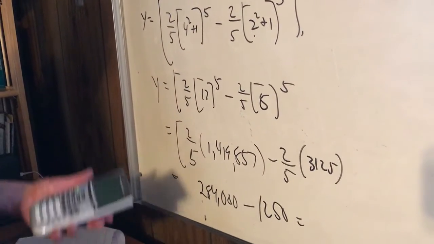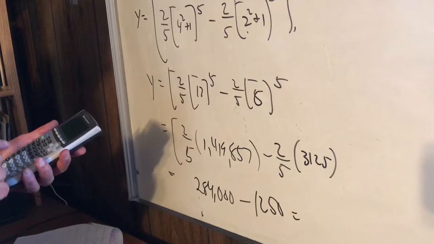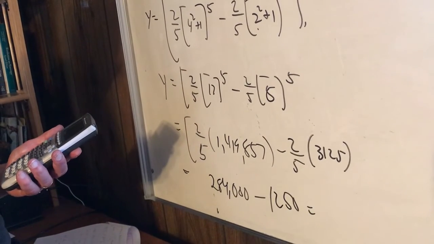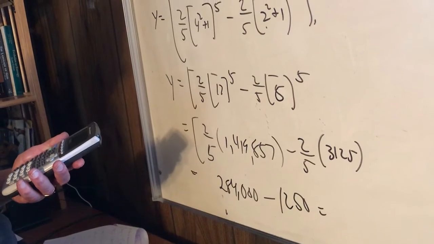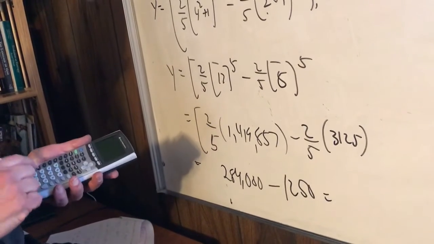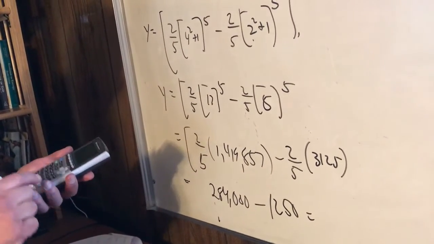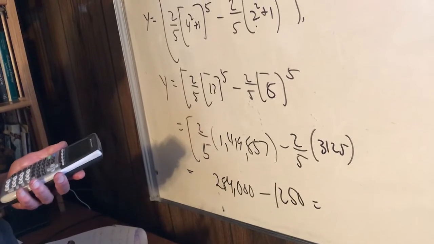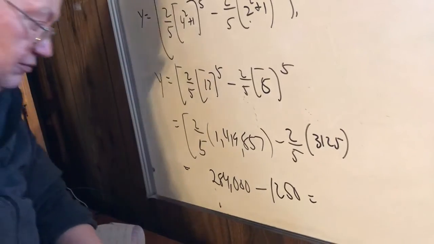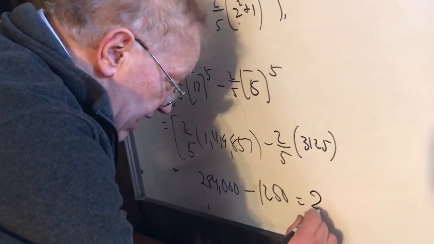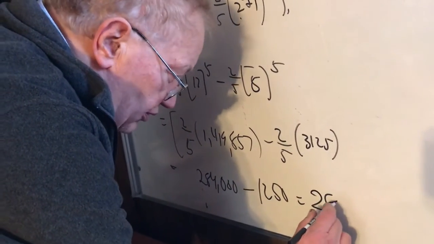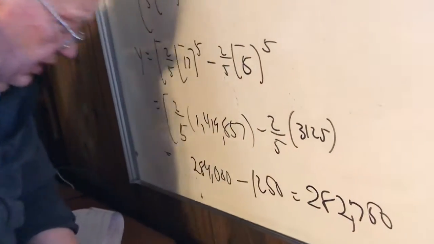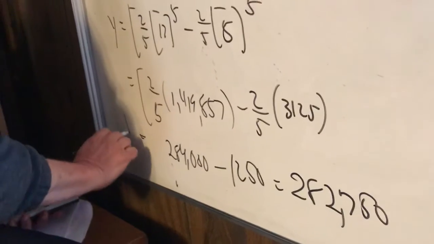So 4,000 minus 1250, you're supposed to subtract them, not multiply them. It's 2750. So 28,2750. And there's your value of y.